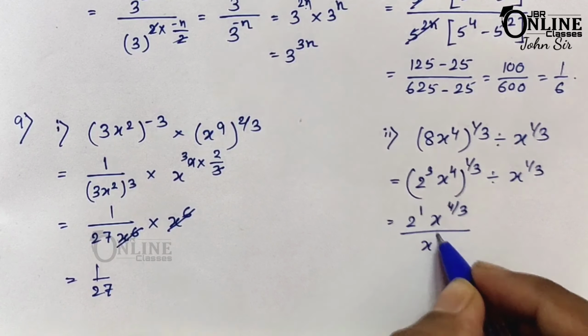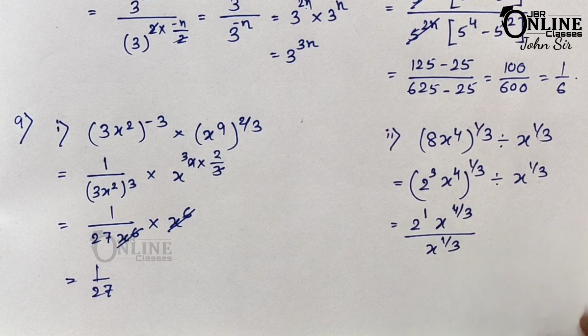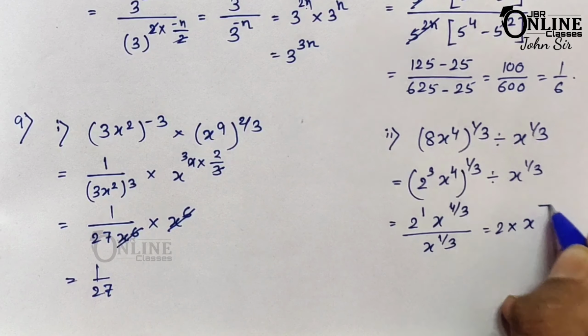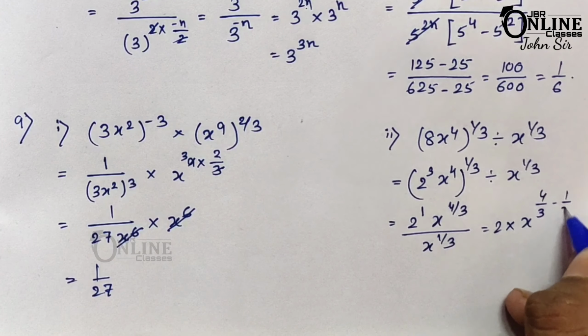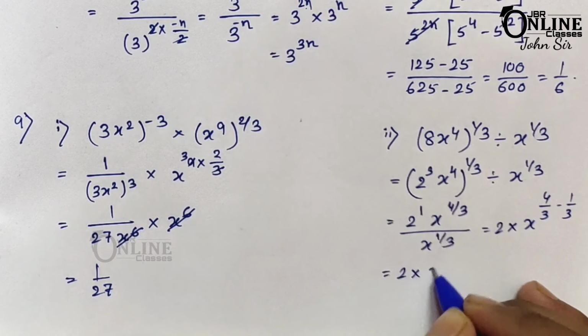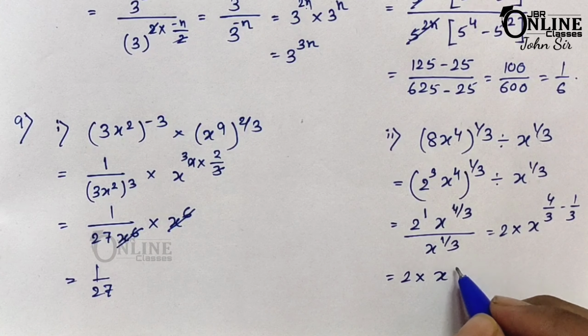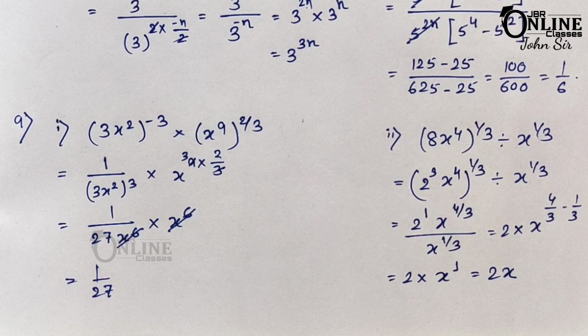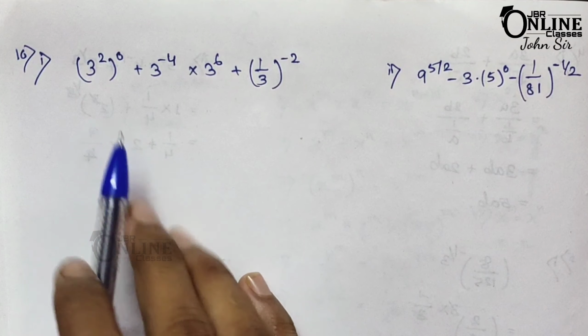It's divided by x to the power 1 by 3. Now as the base is the same, so 2 into x to the power 4 by 3 minus 1 by 3. So that means 2 into x to the power 3 by 3. So 3 by 3 means 1. So final answer 2x.